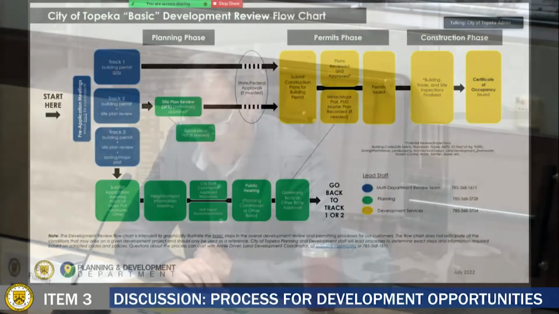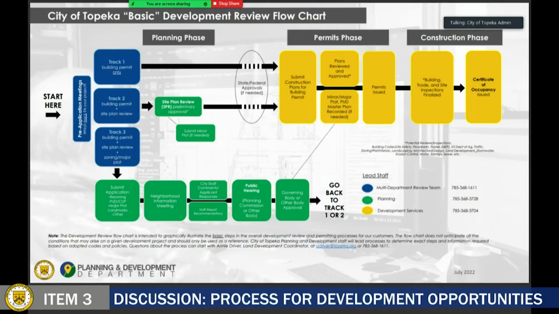So start here on the far left side. You see the blue boxes. We start, and the blue represents a multi-department review team. So the blue is where we all come together. The very first thing is the pre-application meeting, where we have all of the disciplines represented, from engineering to utilities to fire, planning and development services.